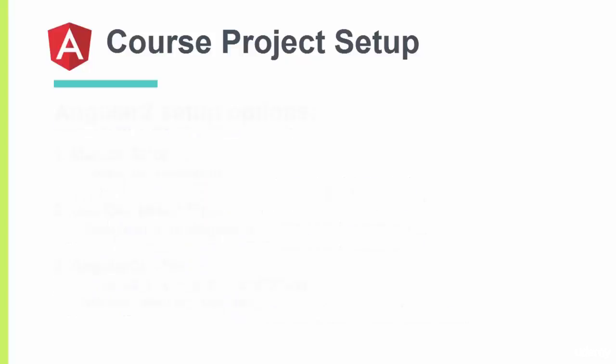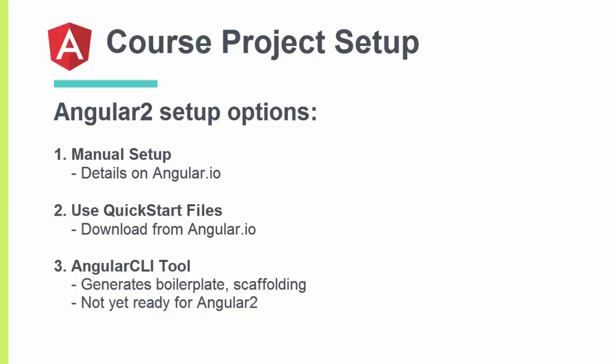Fortunately, we have some options for setting up an Angular 2 project. We can manually perform each of these steps. The detailed instructions for each step are provided in the Angular 2 documentation on angular.io. Another option is to simply download the quick start files from Angular.io, or alternatively, we could use tooling such as Angular CLI.